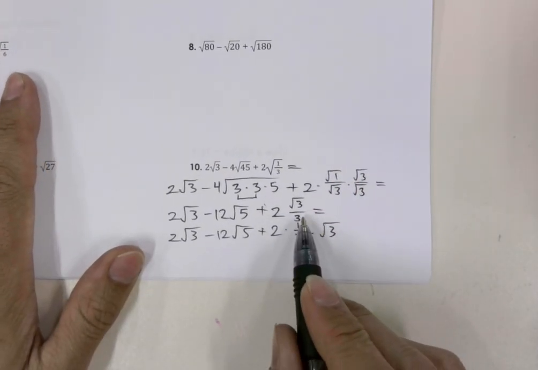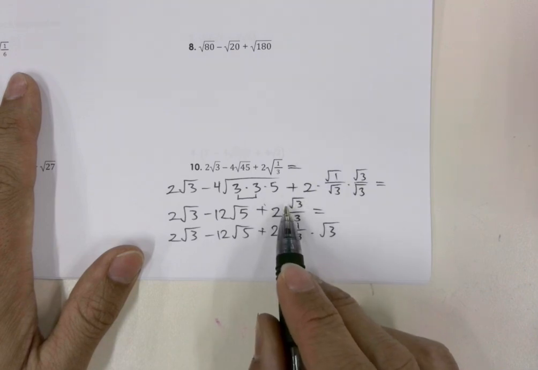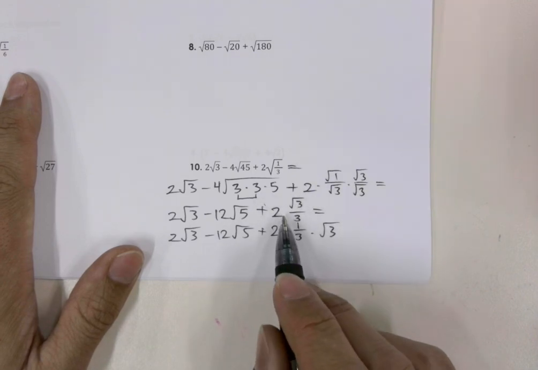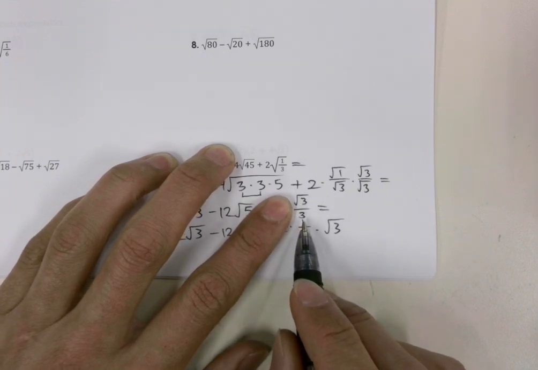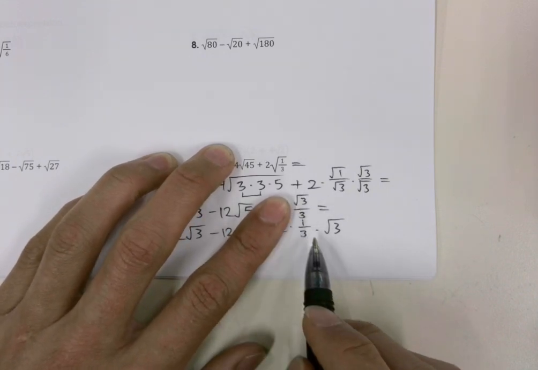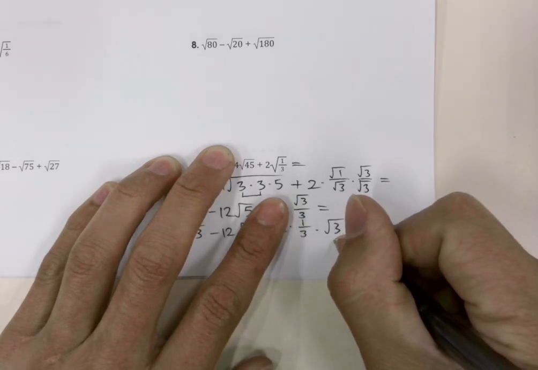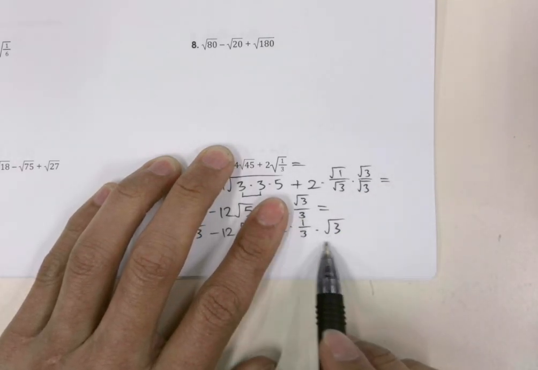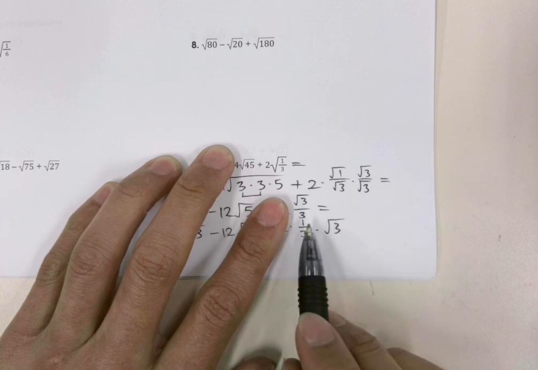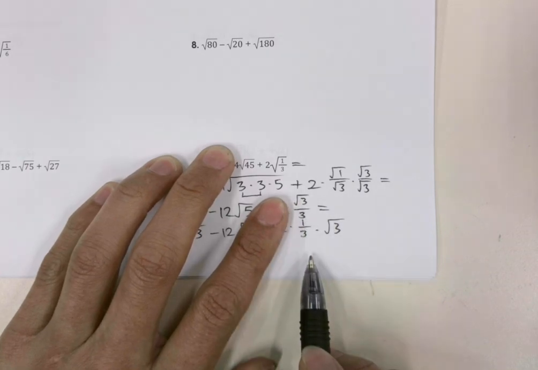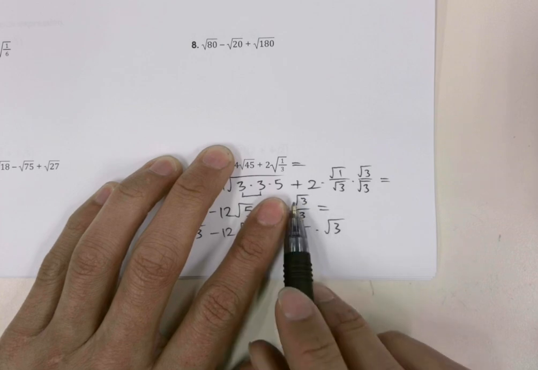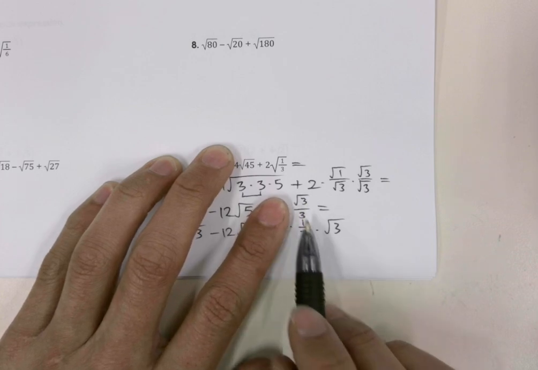And so what am I doing here? I am pulling out the numerator, right? Because this little fraction here is the same as 1 over 3 times square root 3. And that might look a little strange, but if we put a 1 underneath the square root 3 and we multiply these two fractions together, you're going to end up with square root 3 over 3, right? So these two terms are equivalent terms.